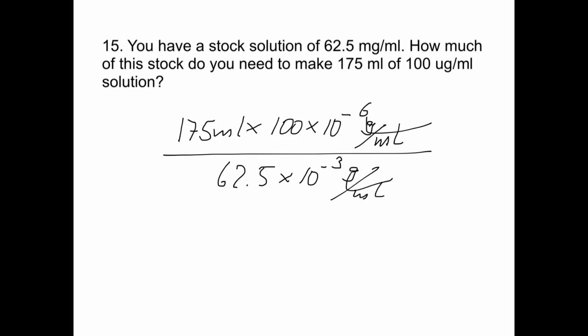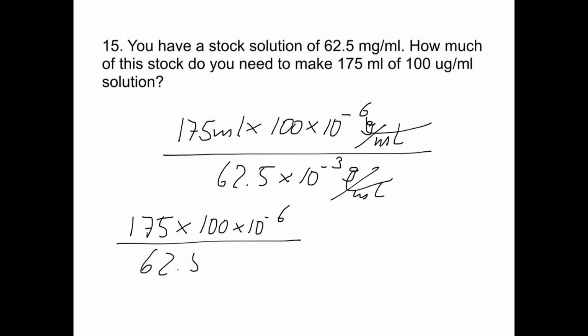So what I have left is 175 times 100 times 10 to the minus 6 divided by 62.5 times 10 to the minus 3, and the unit would be milliliter. That's this guy here.